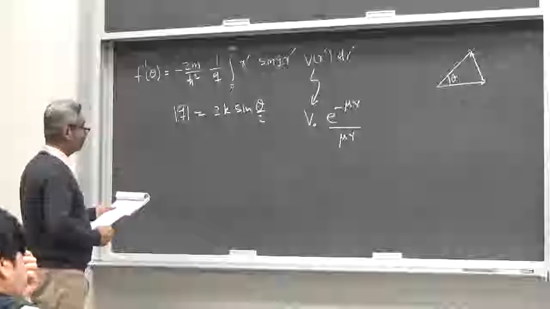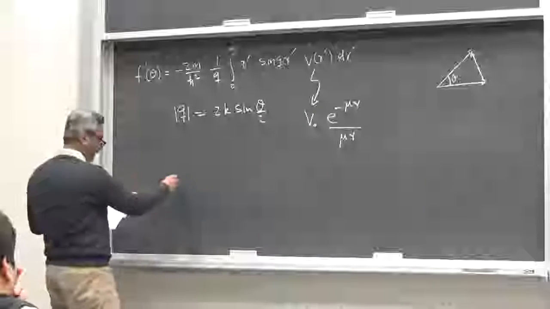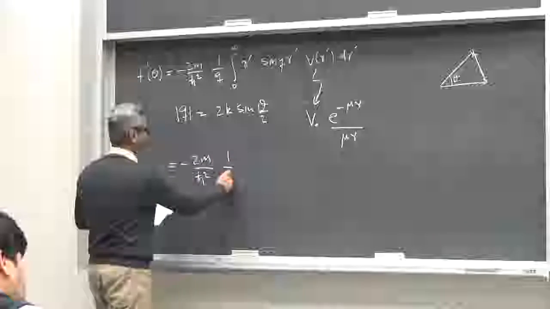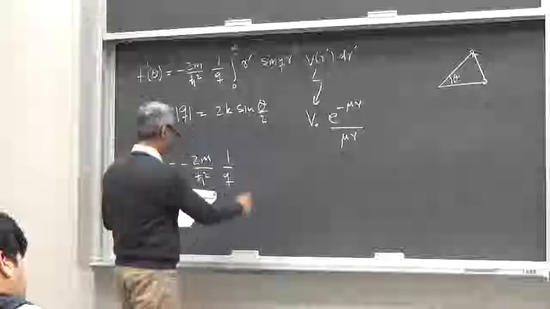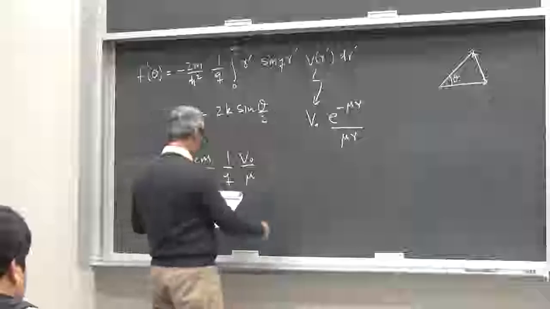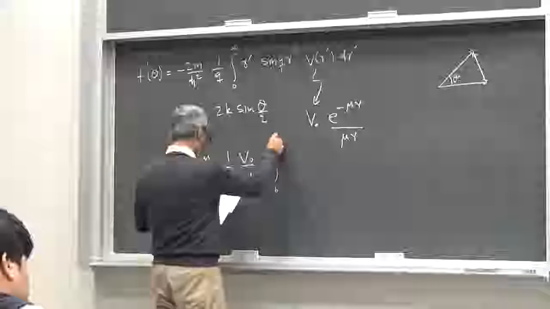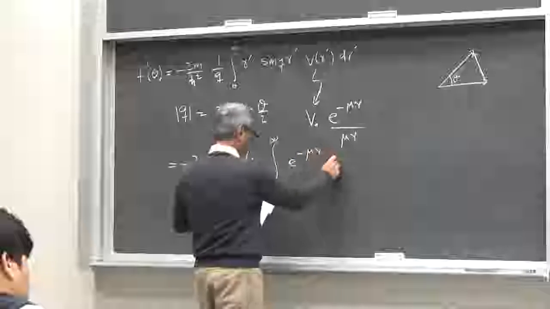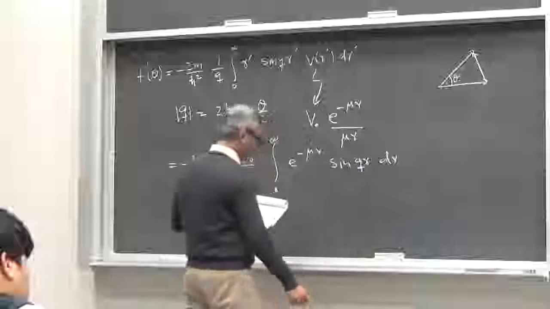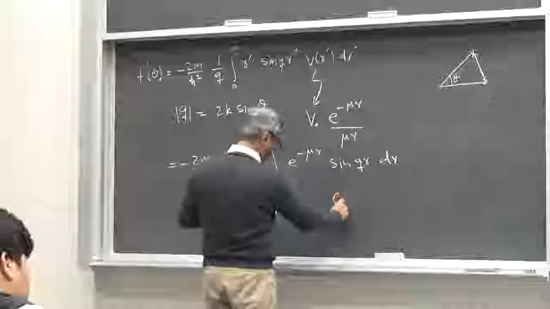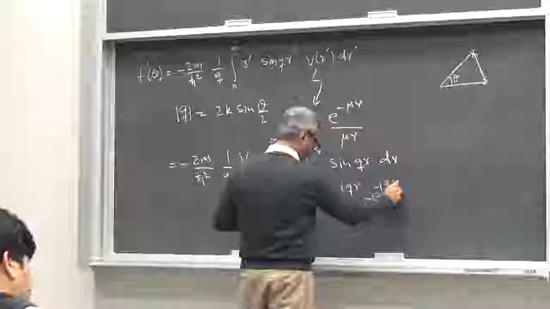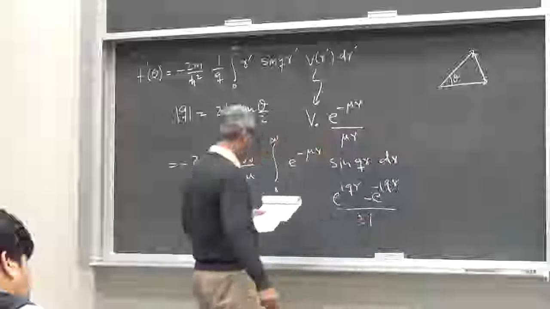Anyhow, so just put it back in there. Minus 2m over h cut squared, 1 over q. Then you can just take this v naught over mu outside. Integral 0 to infinity e to the minus mu r sine of qr dr. Then just replace sine with e to the iqr minus e to the minus iqr over 2i.